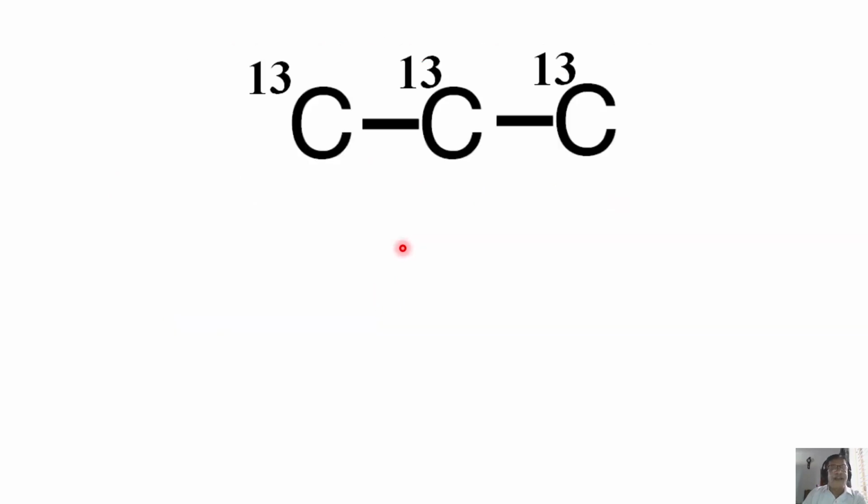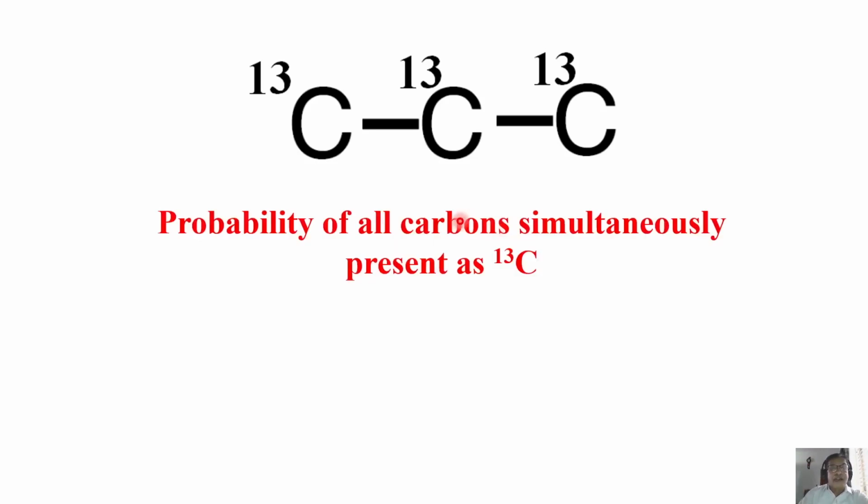Okay, that's fine. Now I will go to carbon 13 with 3 carbons. There are 3 carbons present in a molecule, bonded sequentially like this. What is the probability of all 3 being carbon 13? Up to this point we know it is 1 in 10,000.